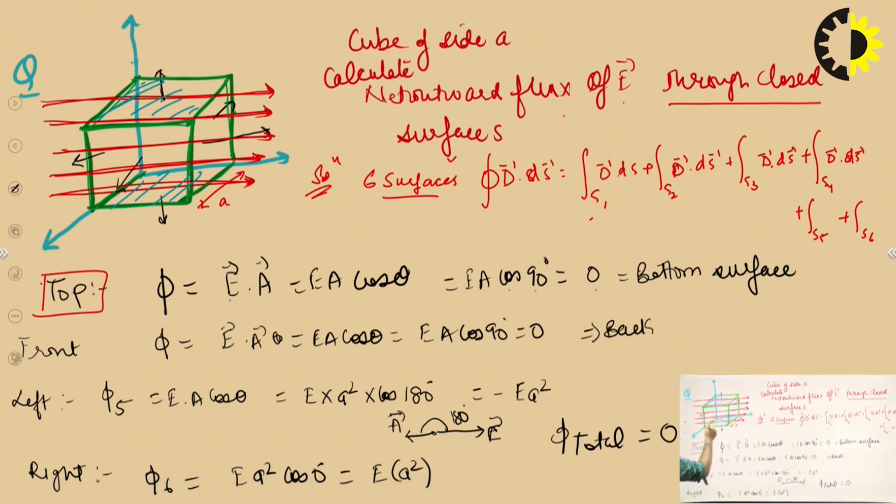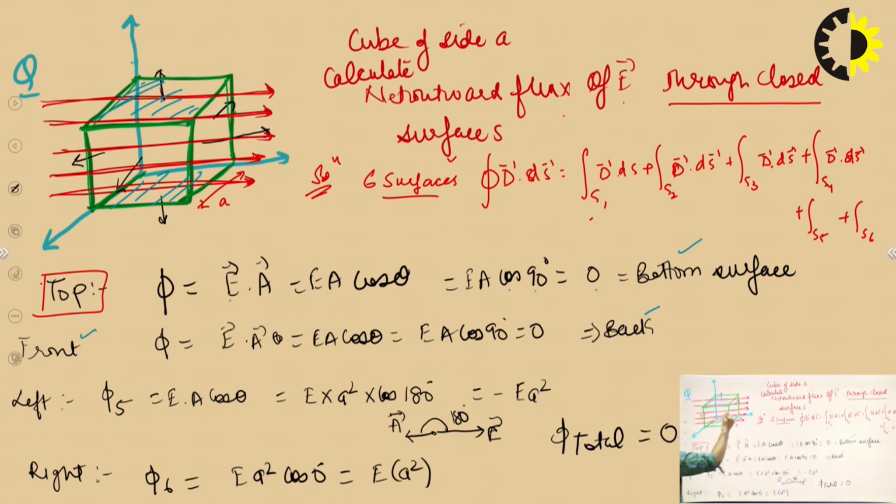Similarly for the bottom surface, the unit vector is like this and the fields are at 90 degree to it, so the flux through these two surfaces is 0. For the front surface, the electric field lines are passing through and the unit vector is like this one, both at 90 degree to each other. So for the front and back surfaces, E A cos 90 comes out to be 0.